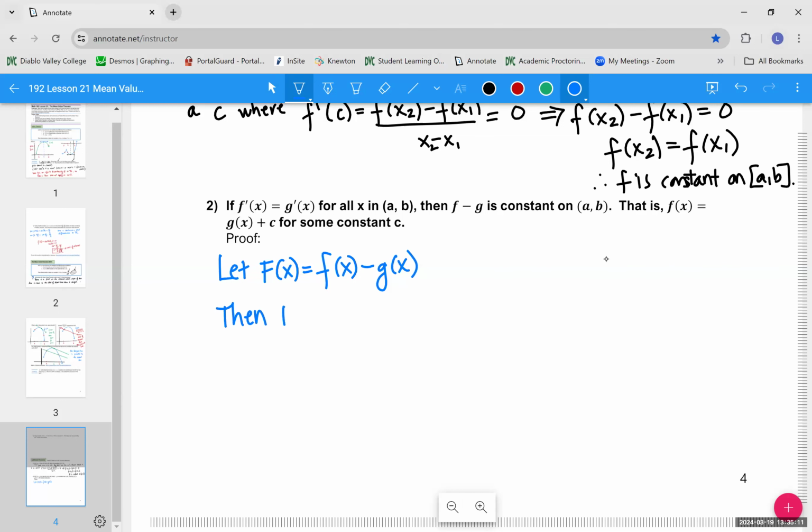And so if we take the derivative of that, we get f prime of x minus g prime of x. And that equals 0 because what was the first thing we assumed in this problem? That f prime of x equals g prime of x.